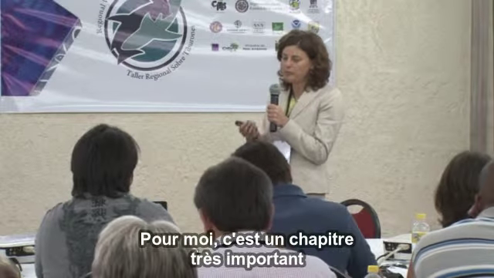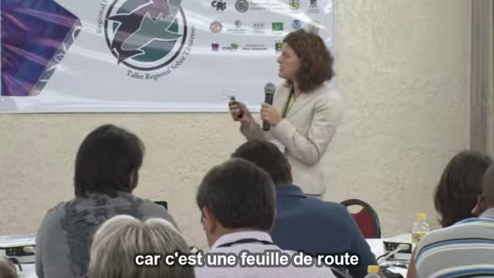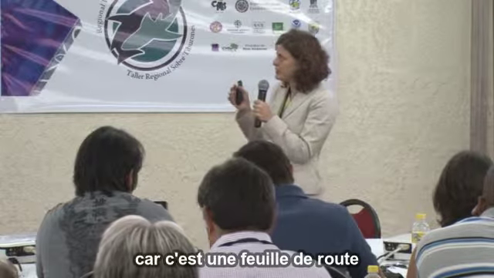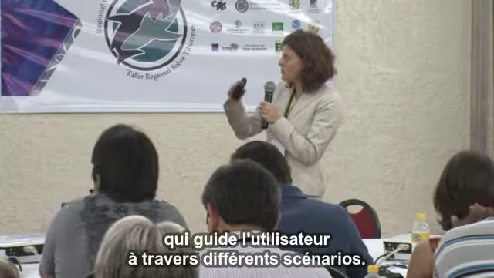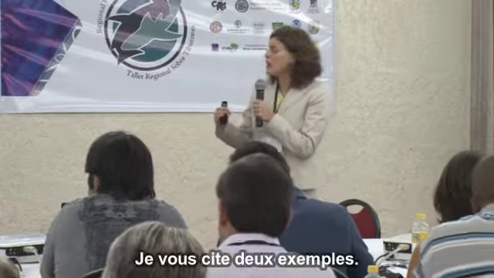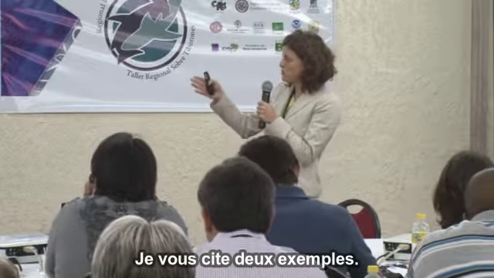Then section 2 is how to use this guide. For me, this is a very important chapter because this is the section that is a roadmap conducting the user through different scenarios. So for example, I just listed 2.